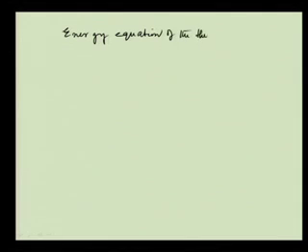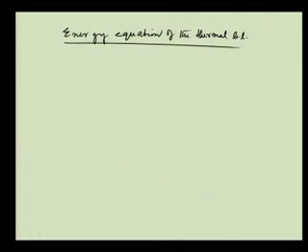Now, we will concentrate in this lecture. First, we will concentrate on the energy equation of the thermal boundary layer. Already we have discussed what the thermal boundary layer is in the last lecture.